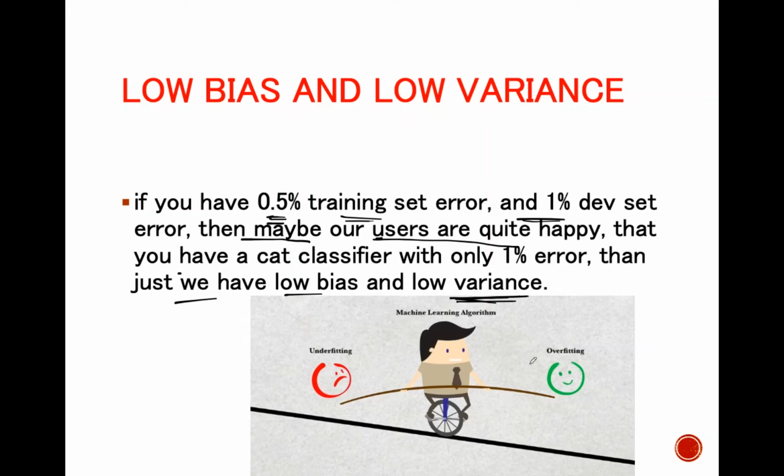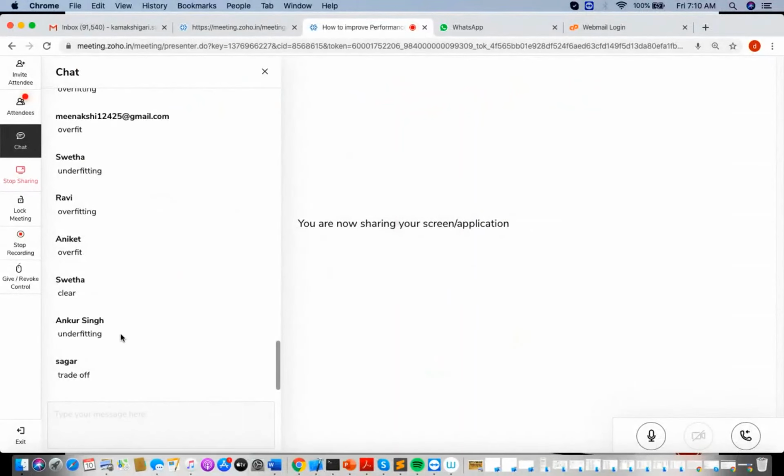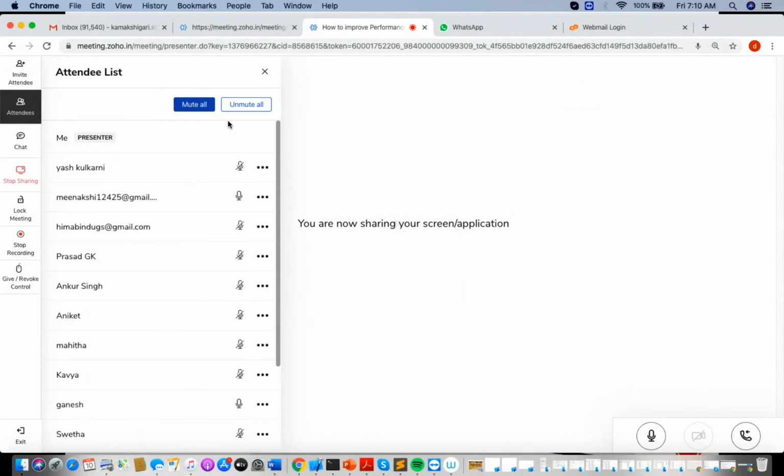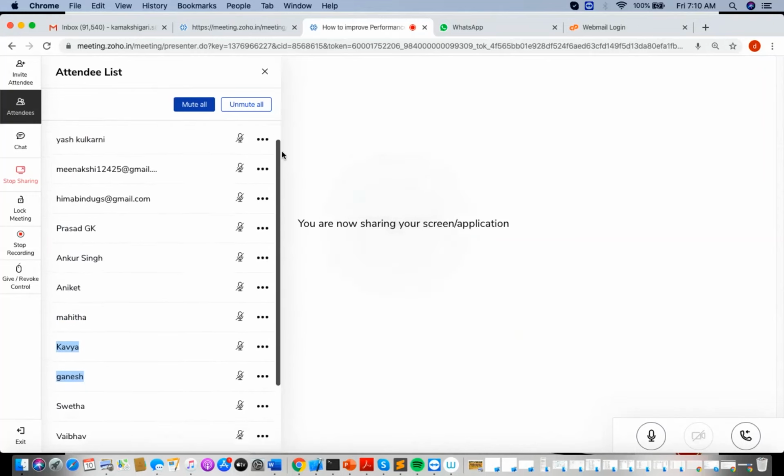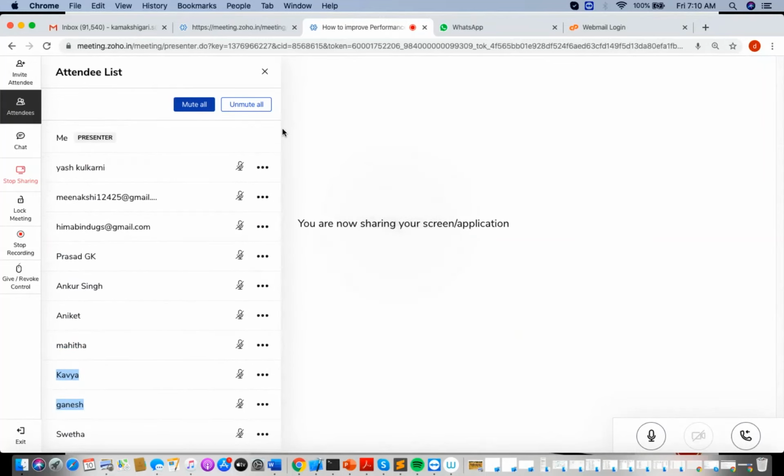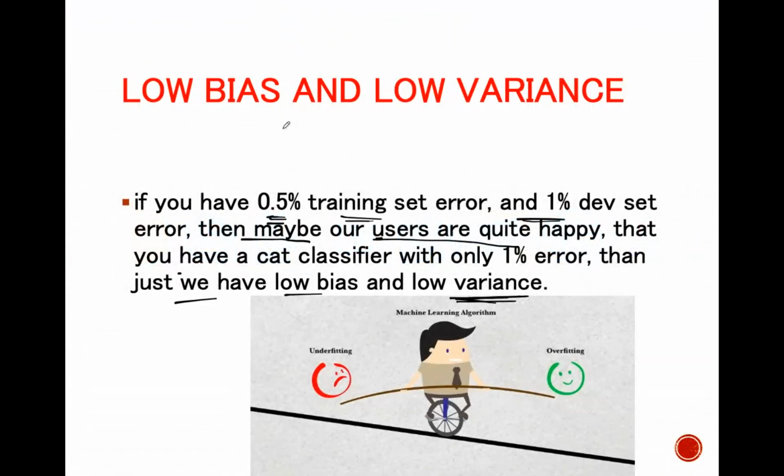There should be a trade-off between bias and variance.